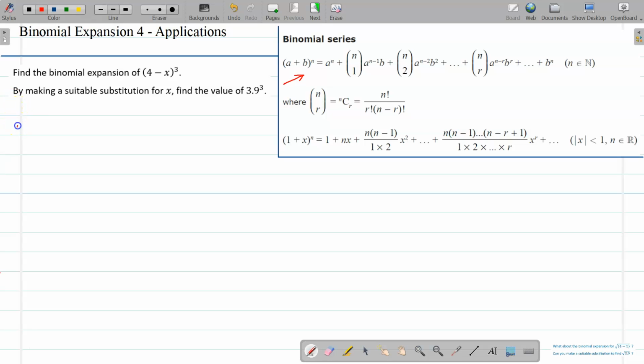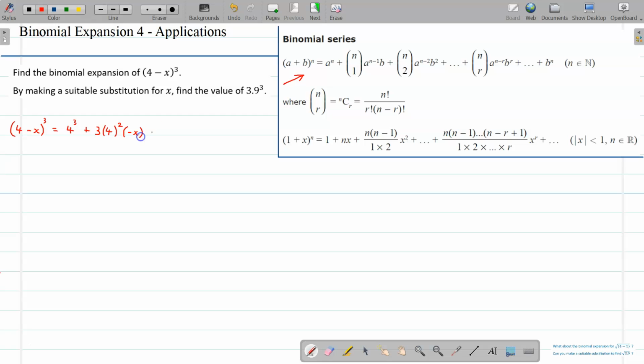So I'm going to start by saying that 4 minus x cubed can be written as, so it's a to the power of n, so it's 4 cubed. The second term is 3c1, which is 3, times 4 squared, times b, which is minus x.